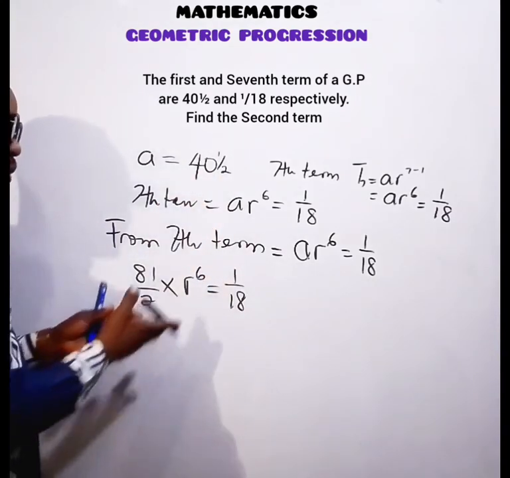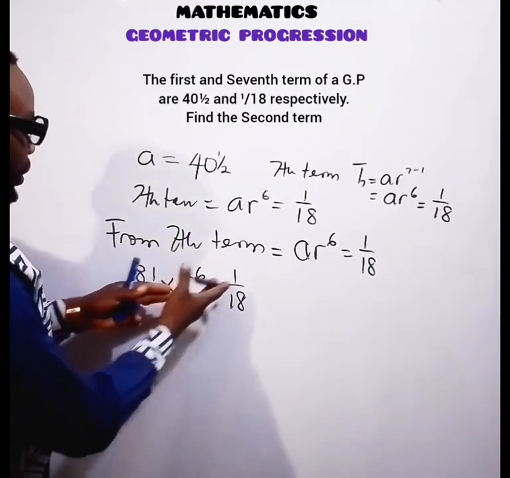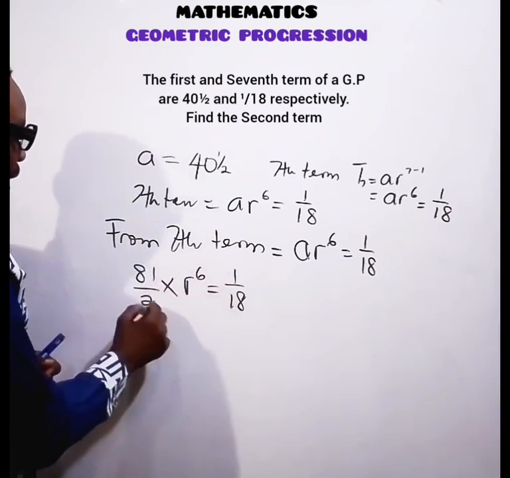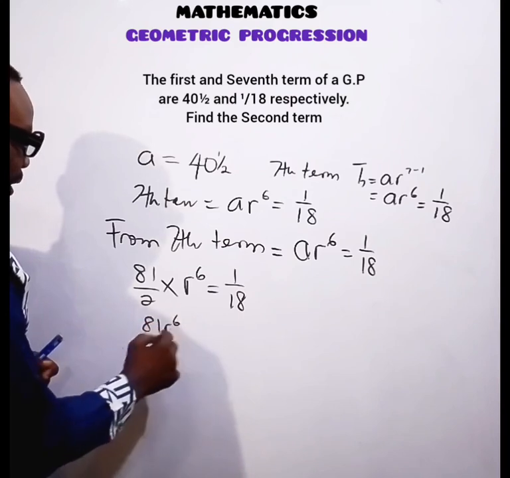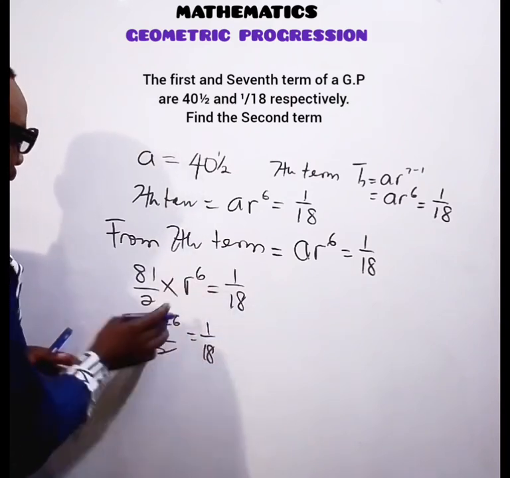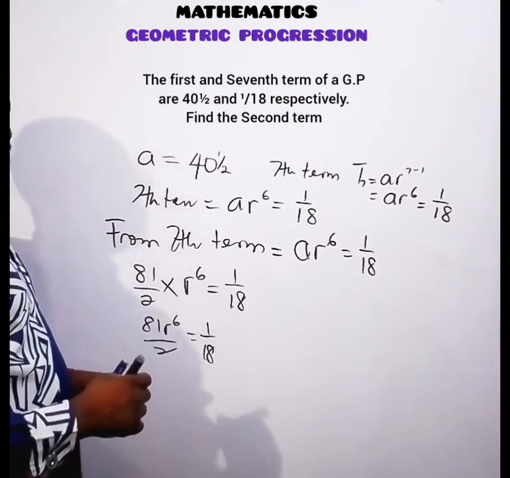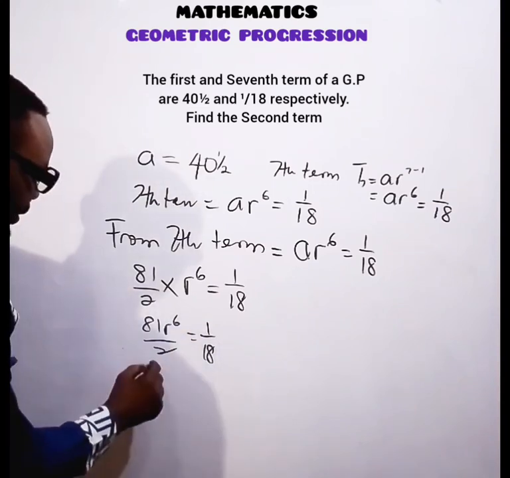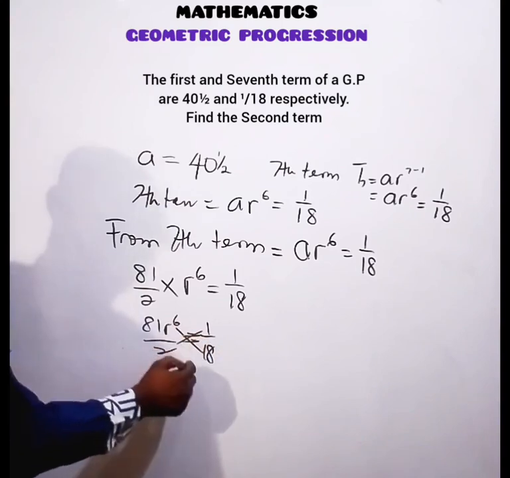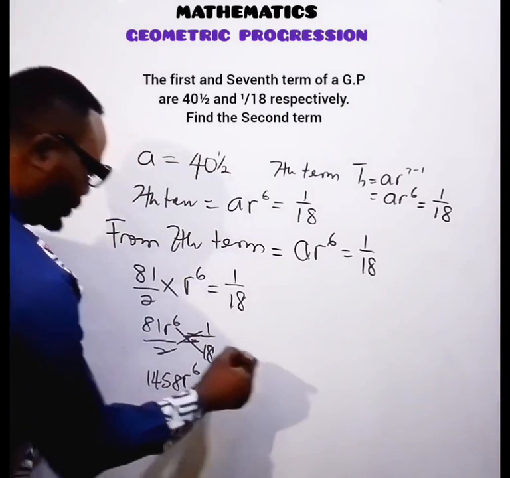Now, for us to find r raised to the power of 6, we need to do some cross multiplication here. This becomes 81 r raised to the power 6 over 2 equals 1 over 18. Here 81 times 18 will be equal to 1458. With cross multiplication, r raised to the power of 6 times 1458 equals 2 times 1, which is 2.